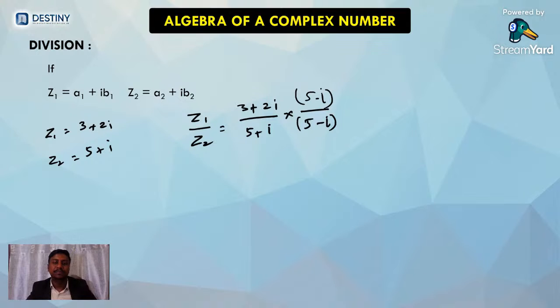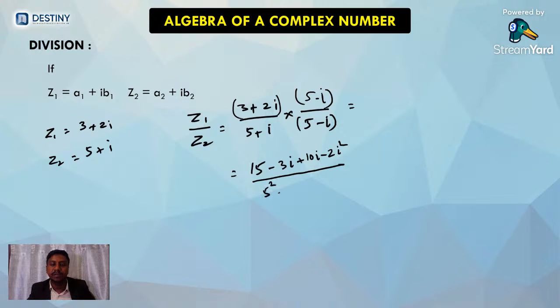So it will become multiplication here now. 3 into 5, 15, 3 into i minus 3i, 2 into 5, 10, plus 10i, minus 2 into 1, 2i square, divided by a plus b into a minus b, a square minus b square.